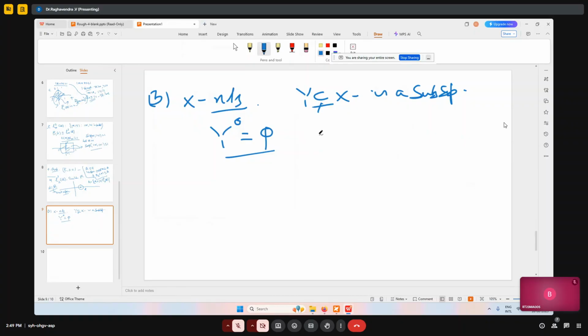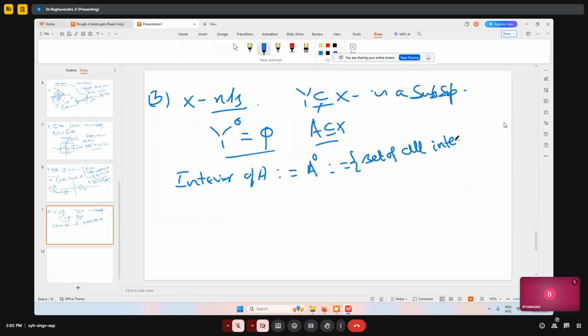So if you have A in X, what is the interior of A? The interior of A is defined to be A with a 0 on the top. This is nothing but the set of all interior points. What is an interior point of A?